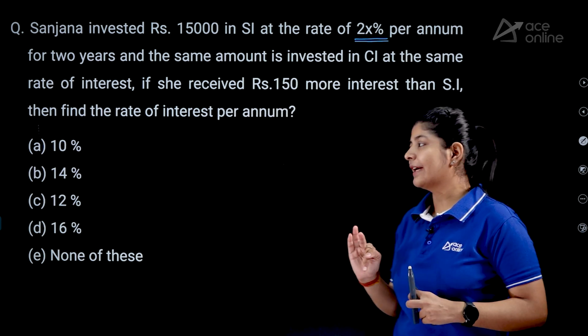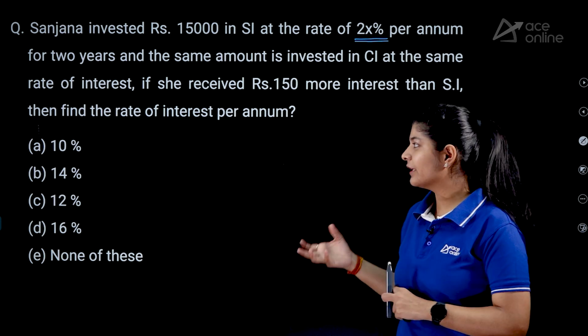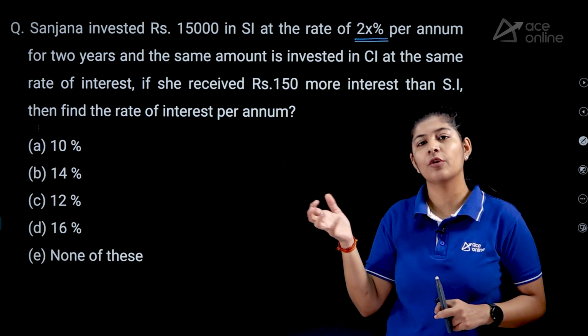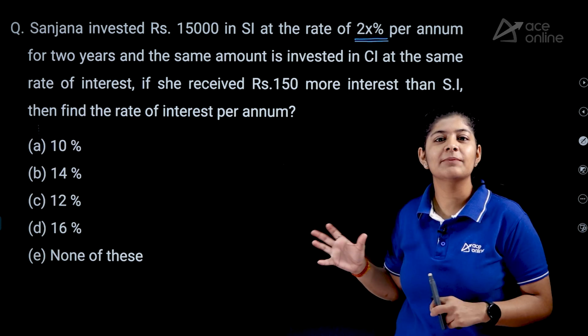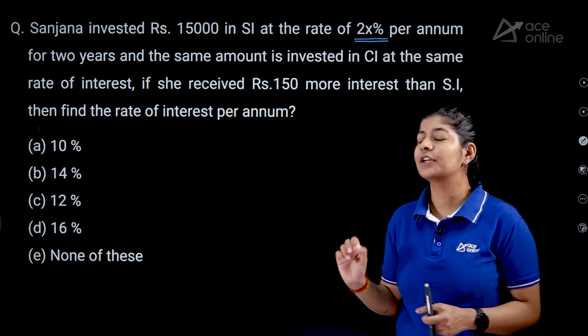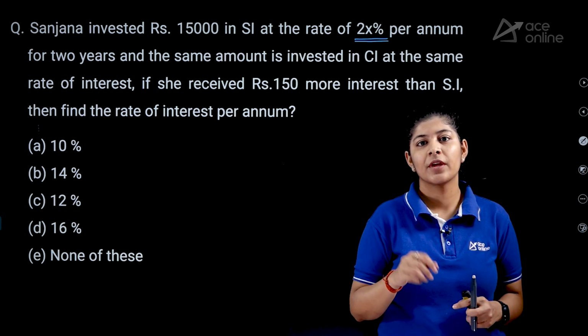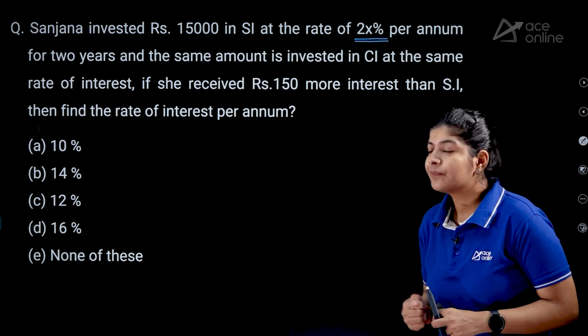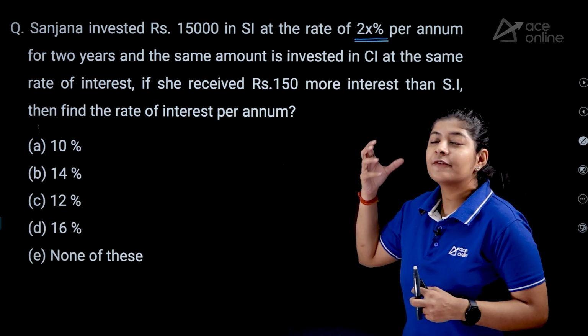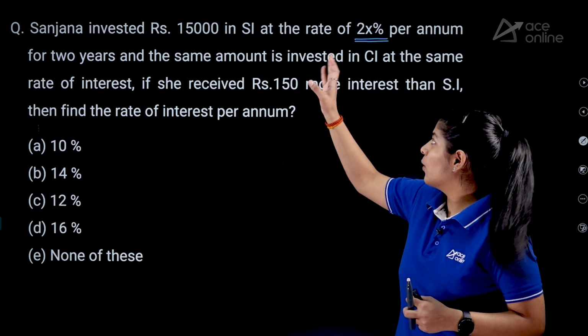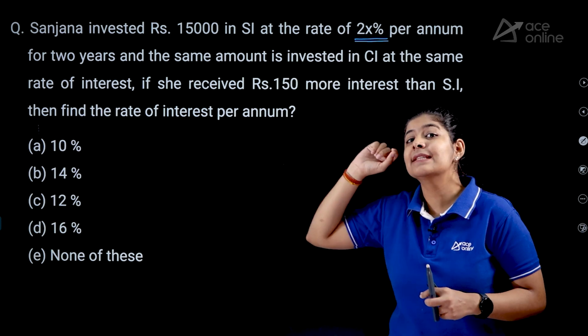So you have to solve it; you are having like 30 or 40 seconds for this particular question. At the same time, we are discussing a few points related to SI and CI. We all know that the interest for the very first year for both CI and SI is the same.